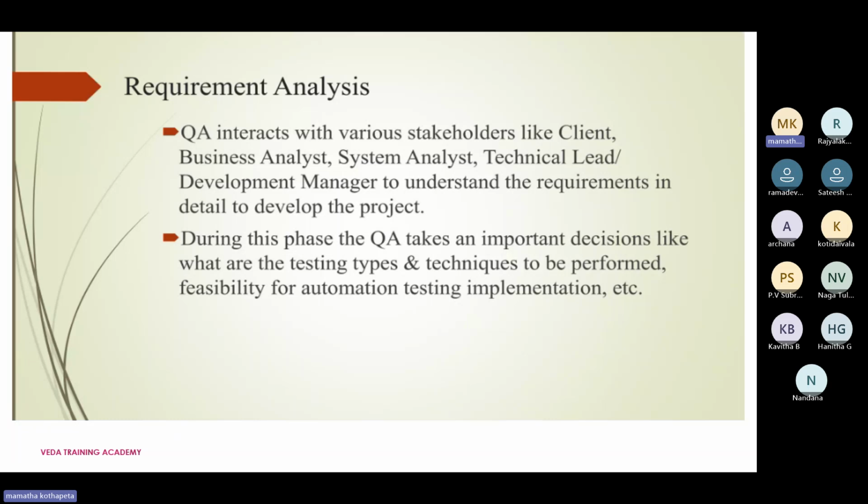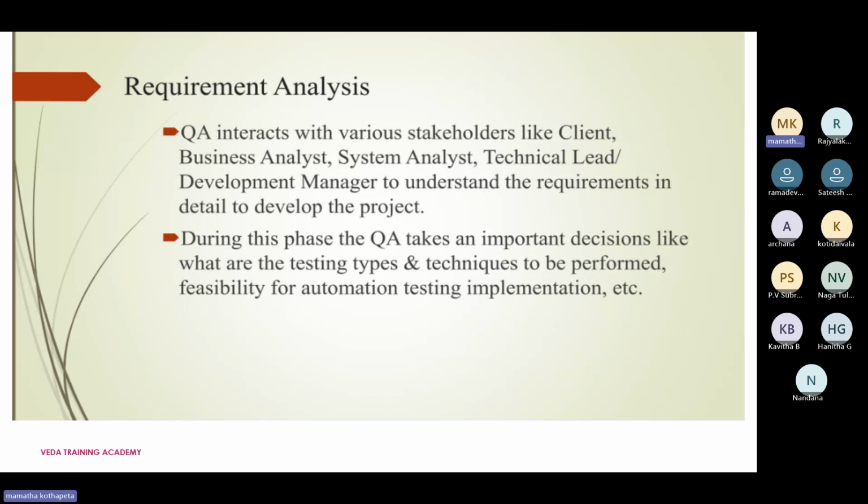Now, when it comes to the software world, the IT industry, QA should interact with all the stakeholders. It means QA should collect the requirements, correct, from the client. The client is the main person who gives requirements, and also the BA. Very, very important because he is the one who actually collected the requirements in the SDLC phase.